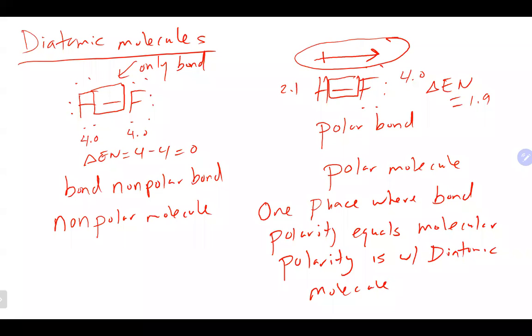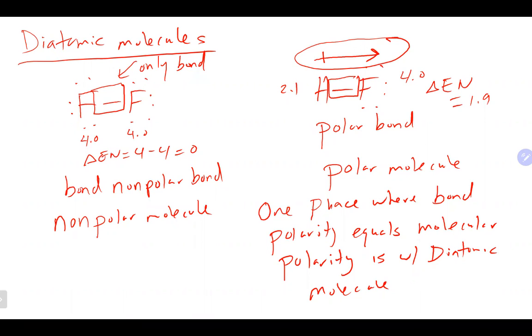That is because there's just one bond, so whatever that bond is, that's what the molecule is going to be. If something is non-polar, it means the same thing as with a non-polar bond. We expect overall equal sharing of electrons, which means in something like F2 there really is not a side that's more negative or more positive. It's neutral, if you want to think about it that way.